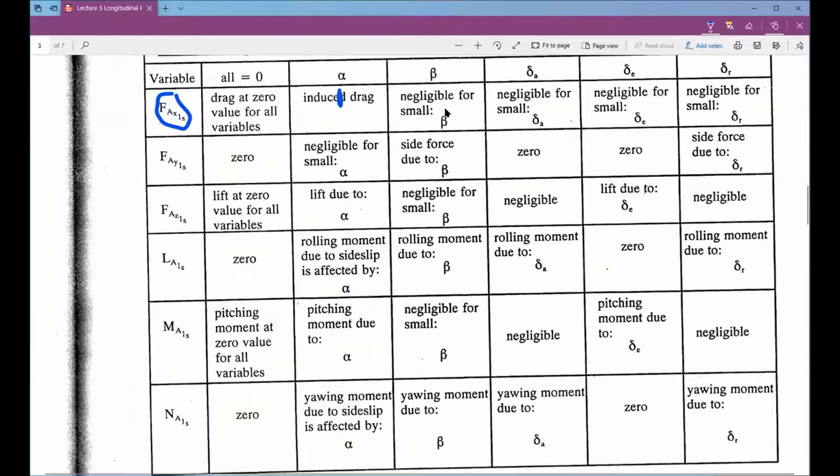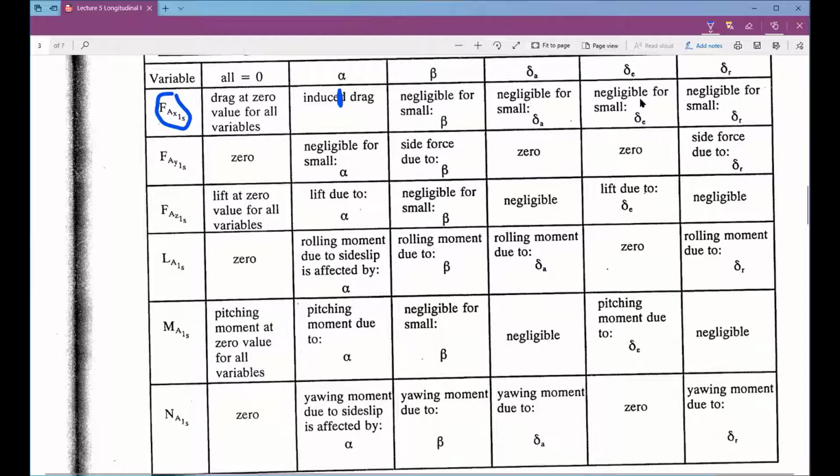So we're saying the side slip isn't going to change the drag. And you could say, well, yeah, it can, but it has to be pretty large side slip. So for small side slip, we're not going to include beta in the equation. Ailerons, we're going to say that they don't add a whole lot of drag. They could, right? If you have really big ailerons and you deflect them a lot, but we're going to say they're small.